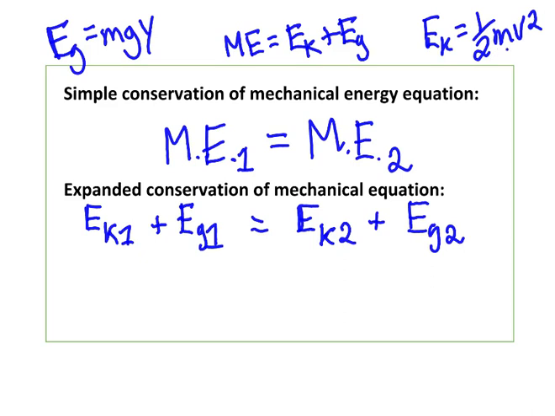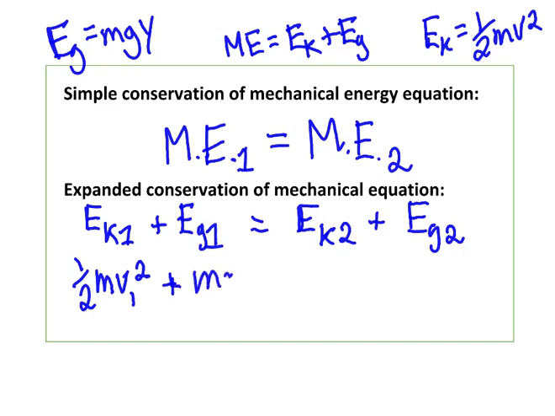So we don't need to have an m1 and an m2, but the velocity clearly will change, and the height, y, will change. g, the acceleration due to gravity, is not going to change. The object is going to stay on Earth. We're not going to have anybody shooting out into space. It would be a different equation for that. So this EK1 is going to be a half mv1 squared. So I don't need an m1 because the mass will stay the same, but for v, I need a v1.